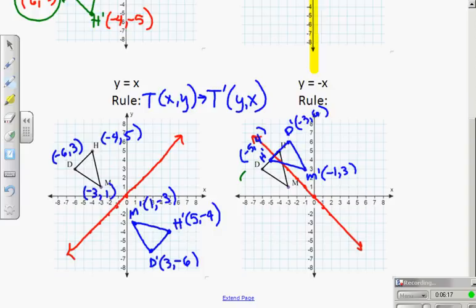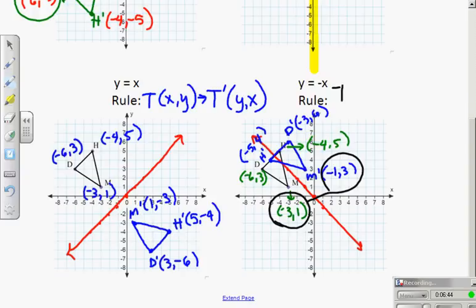And again, if you go back to what D is, negative 6, 3. H is at negative 4, 5. And M is at negative 3, 1. And you look at how they change from M to M prime.